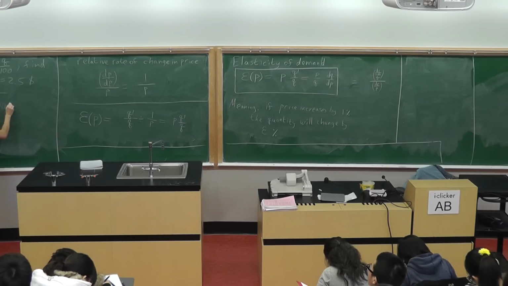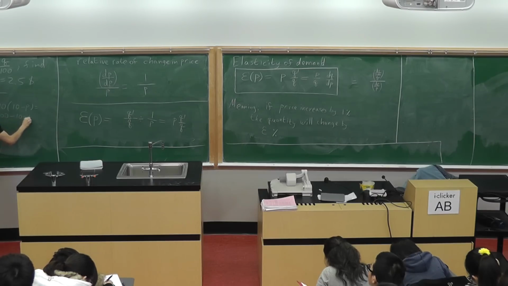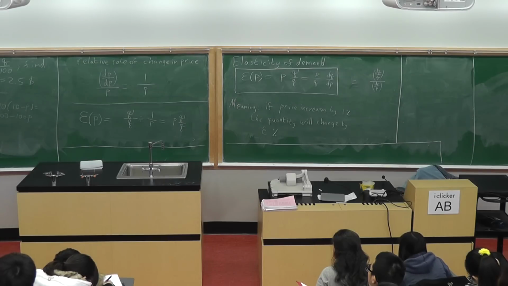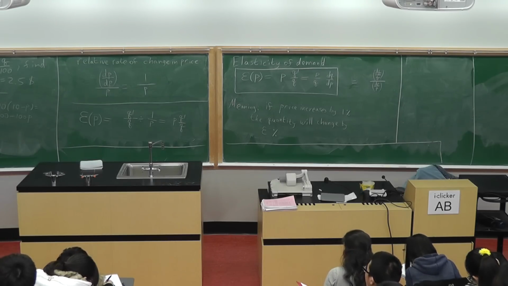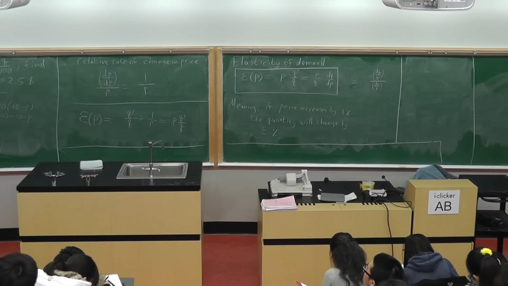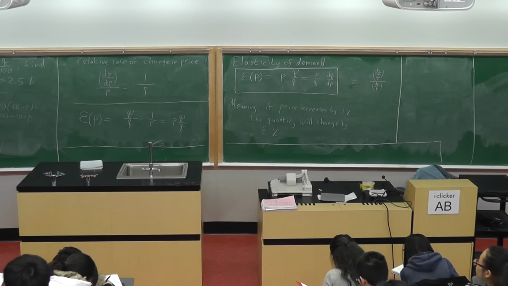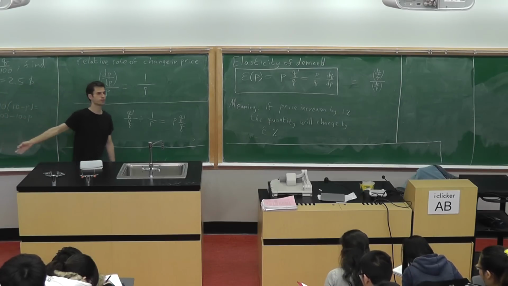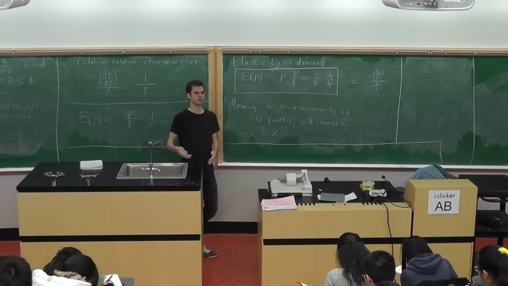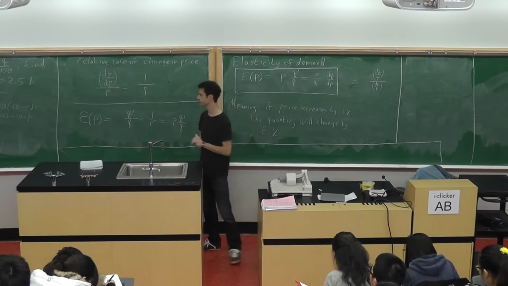It's 100 times 10 minus P, so it's 1000 minus 100P. Then we find the derivative of Q relative to P. In this case, it is just minus 100. Meaning that an increase in price of $1 leads to a drop of demand of 100 units.